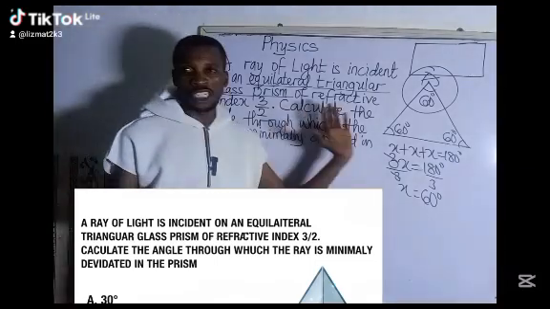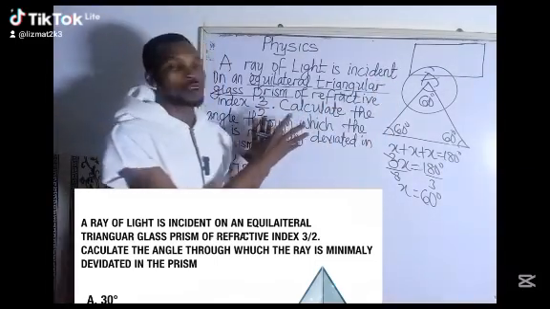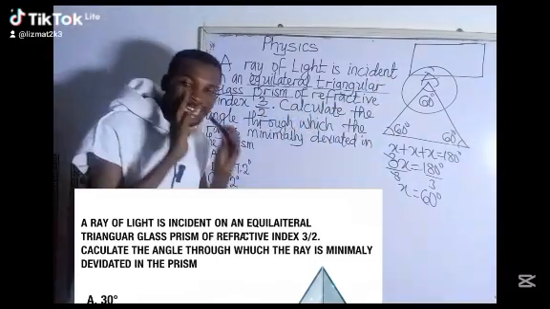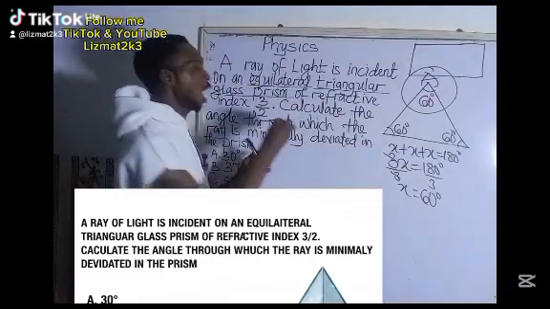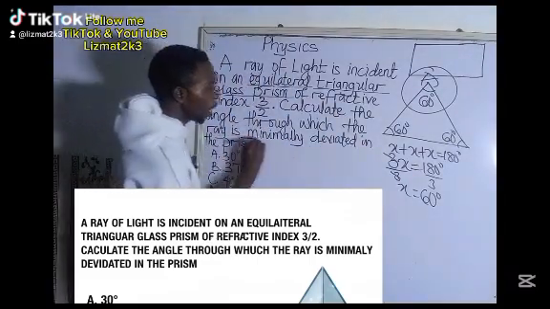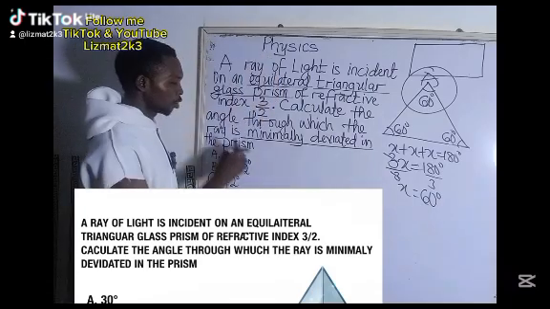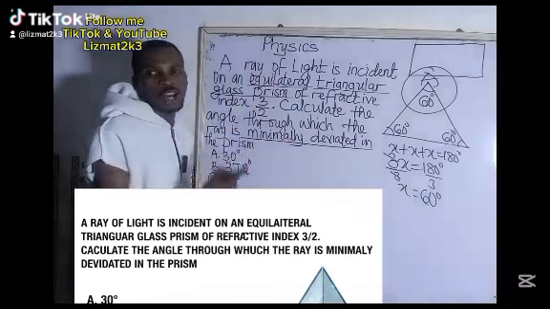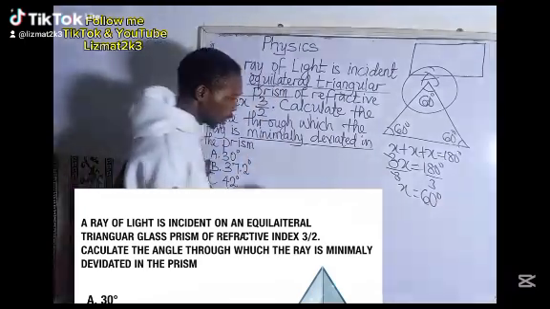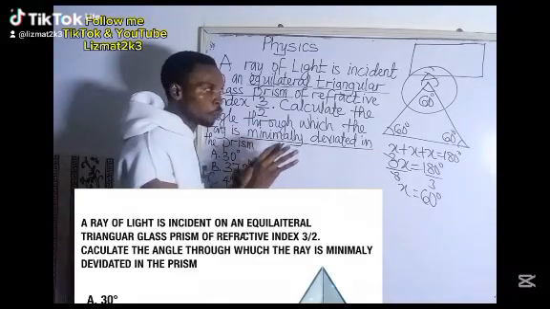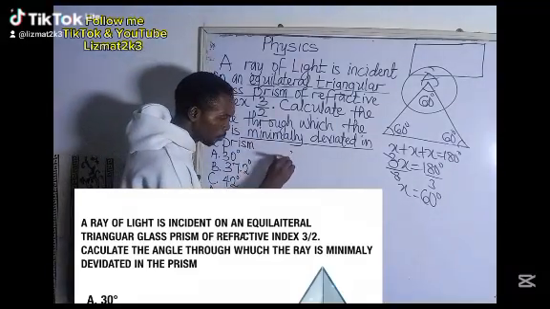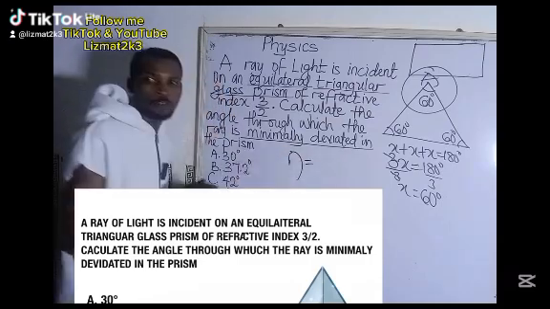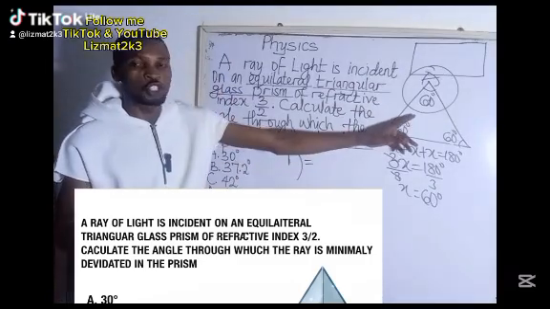I may not be able to draw the ray diagram for this particular question, but there's a general formula that will solve any question that has to do with the angle of minimum deviation. Sure you understand now?